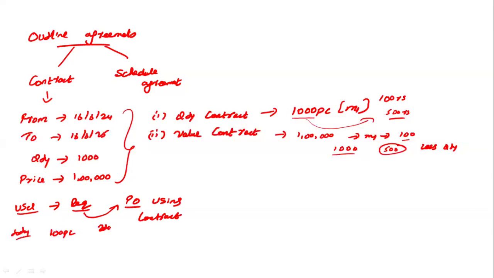After 2 days, you need 50 pieces. After 1 week, you need 150 pieces. So for each and every requirement, you will create the purchase order using the contract till the quantity gets completed. So this is how the contract works.